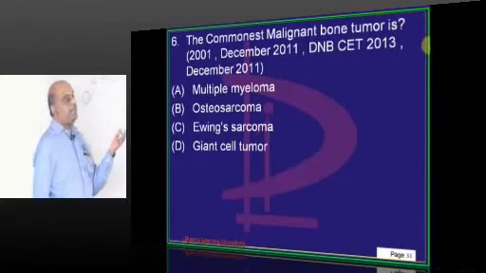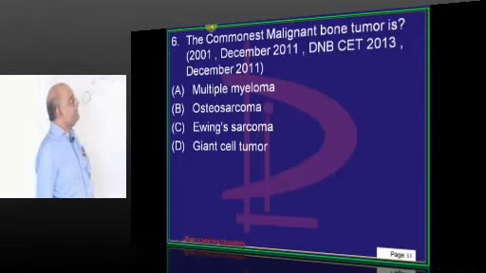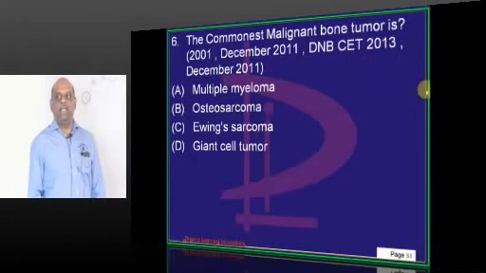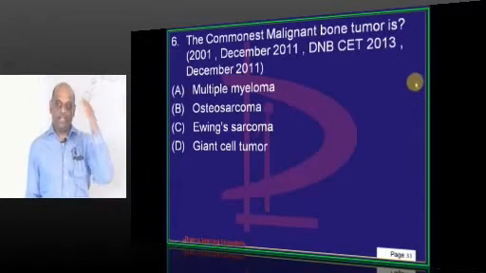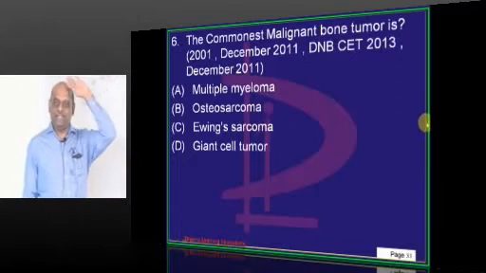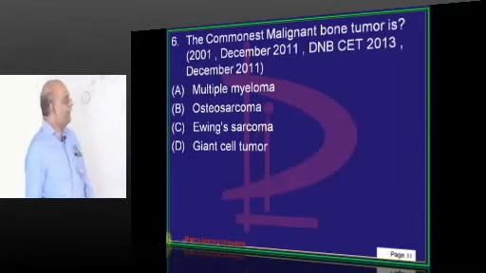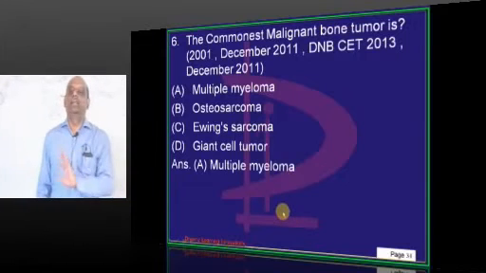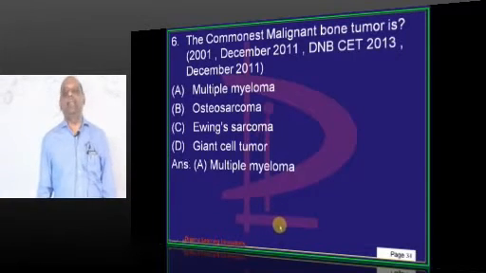Now what is the commonest malignant bone tumor? You see, such a frequently asked question. 2001, 2011, 2013, from the time of Ikshvakus, Kakatiyas, they have been asking the same question, right? So multiple myeloma, most common primary malignant bone tumor.